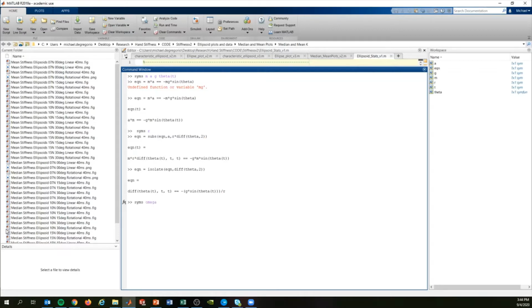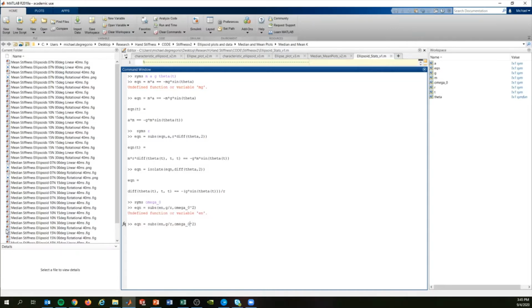So omega underscore 0, and equation EQN equals subs of EQN comma g over r comma omega underscore 0 to the 2. Not sub 0, right, but underscore 0. You know what I'm talking about. Okay.